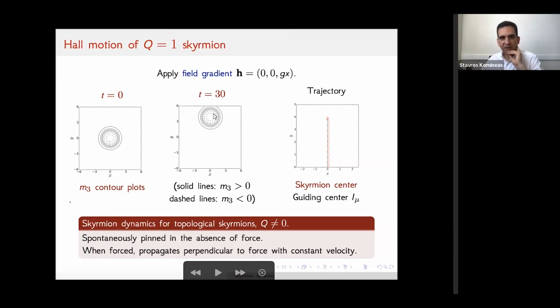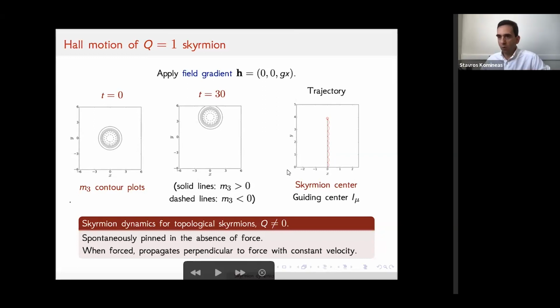After a while, the skyrmion is up here, and continues to be relatively axially symmetric. Now we can follow the center of the skyrmion, that is, the point where the magnetization points to the south pole, and this is the red line. It does some kind of oscillations.